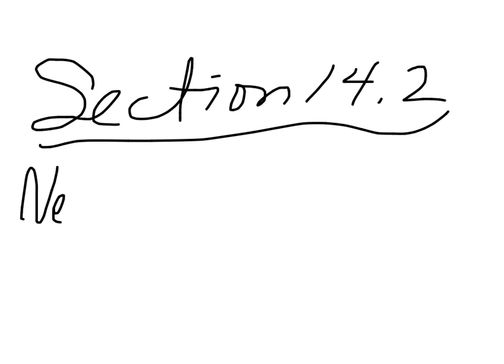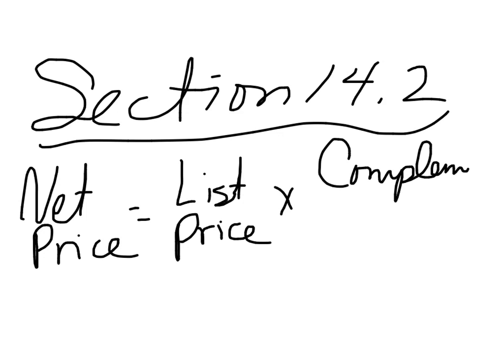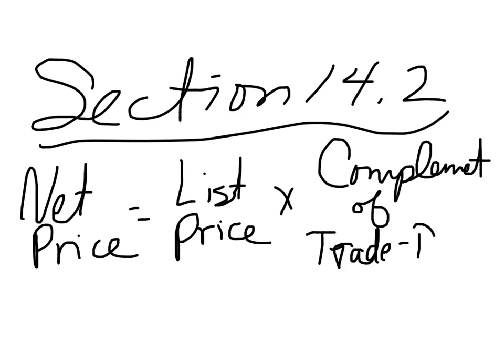And then we have net price is equal to the list price times the complement of the trade discount rate. Okay?